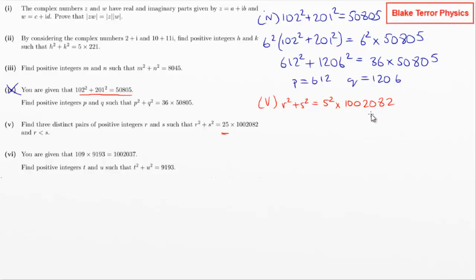It's got an 82 at the end, which makes me think that'd be a symmetrical number. So this thing, we've got 1002082. That is 1002001 plus 81. So that's going to be 1001 squared plus 9 squared. It's a useful pattern to spot on these.